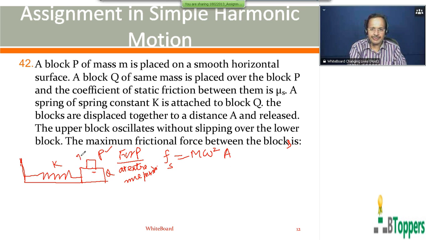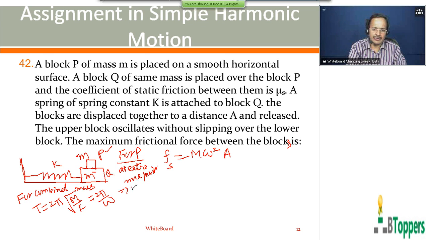The two masses oscillate together. Therefore, for the combined mass, it oscillates together. The angular frequency omega is the same for both the masses. So the time period of oscillation you can write as 2 pi root of m by k, that you can write as 2 pi by omega.